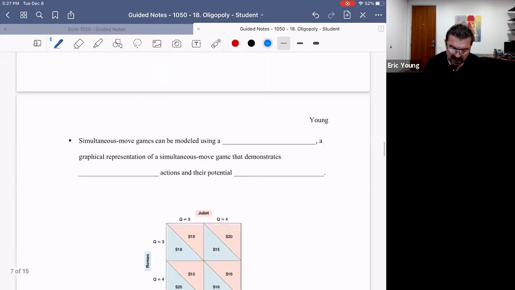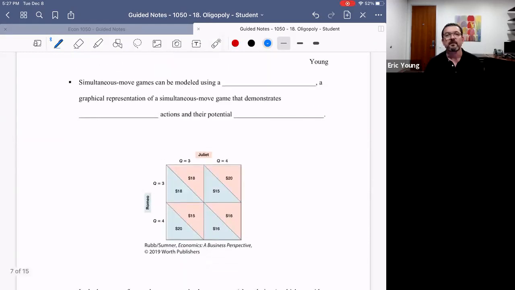Let's talk first about simultaneous move games. When we talk about simultaneous move games, we need to have a model. This is about the models. We can model a simultaneous move game by using what we're going to call a payoff matrix.